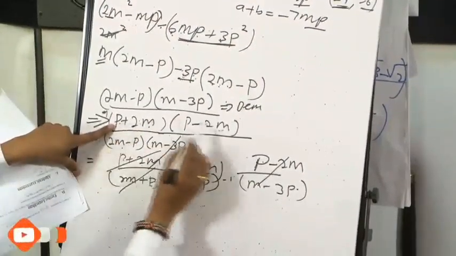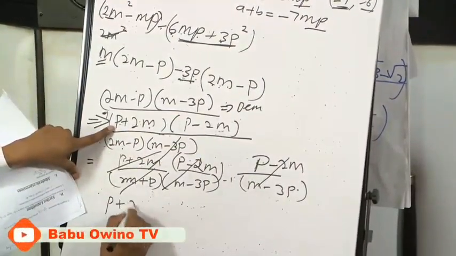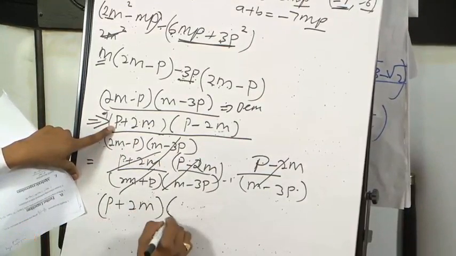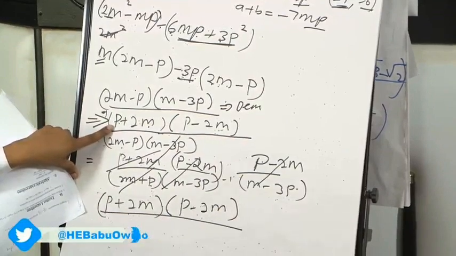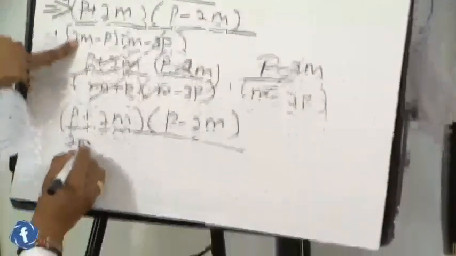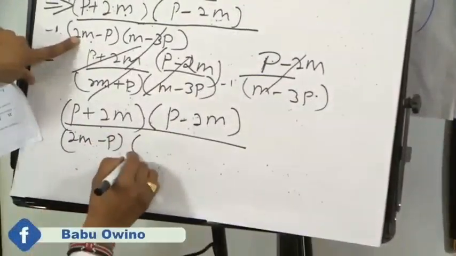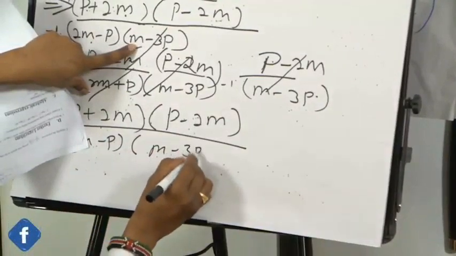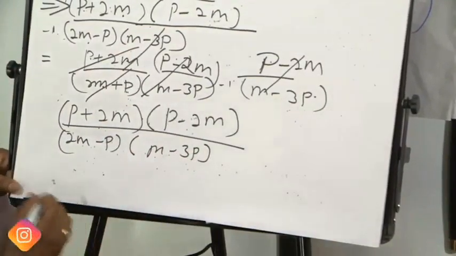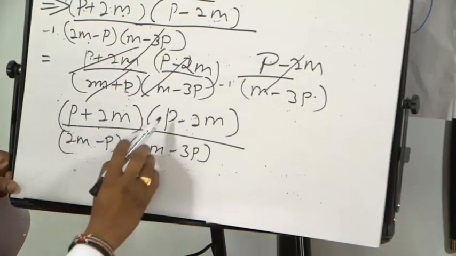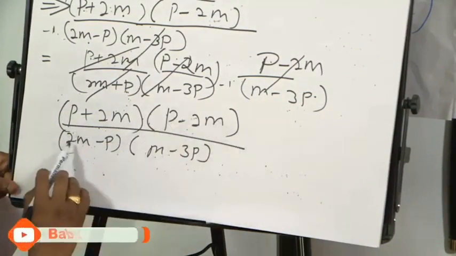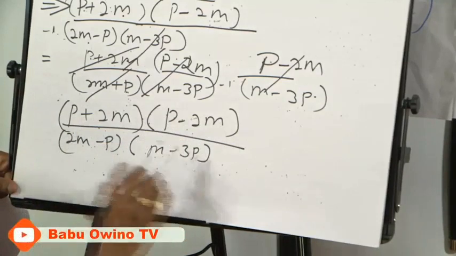So we start from here: p plus 2m into p minus 2m divided by 2m minus p into m minus 3p. So you can clearly see we have p plus 2m into p minus 2m divided by 2m minus p into m minus 3p.